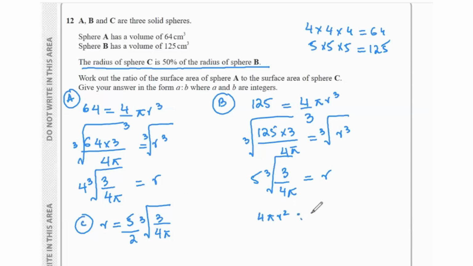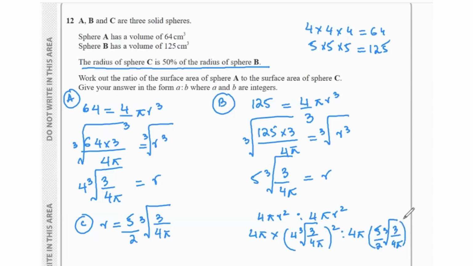4 pi r square is to 4 pi r square. 4 pi times, for A, it's 4 cube root of 3 over 4 pi, squared. And over here, it's 4 pi times 5 over 2 cube root of 3 over 4 pi, squared.